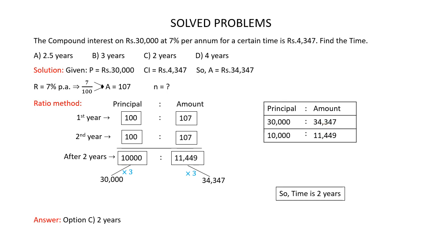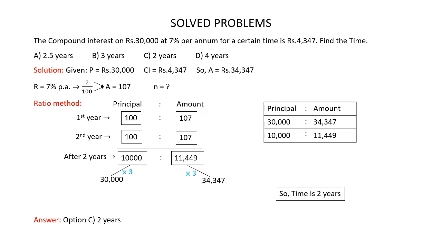Now we have to reduce these two numbers till we get a perfect square or a perfect cube. Now if we get a perfect square, it means that we have to find the principal is to amount for 2 years. If we get a perfect cube, then we have to find principal is to amount for 3 years.